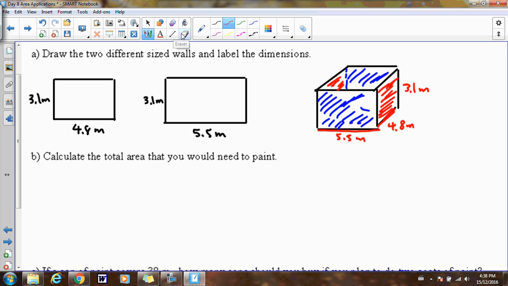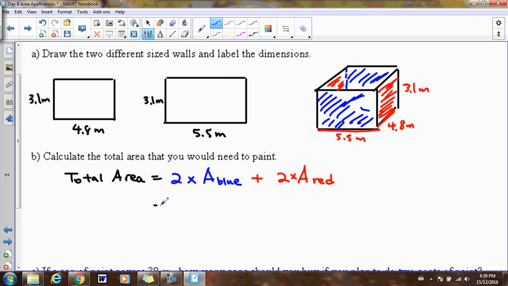Okay, so what you've got to do is to find out the area. If you want to find the total area, you will need to do 2 times the area of the blue walls plus 2 times the area of the red walls, because there are 2 of them. Now, let's think about how we're going to calculate that.